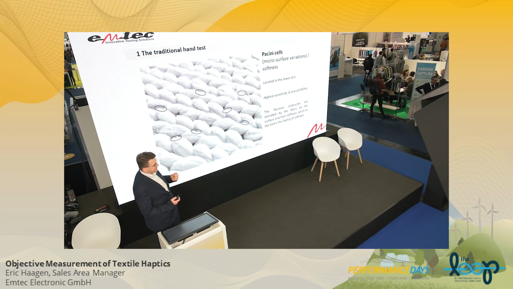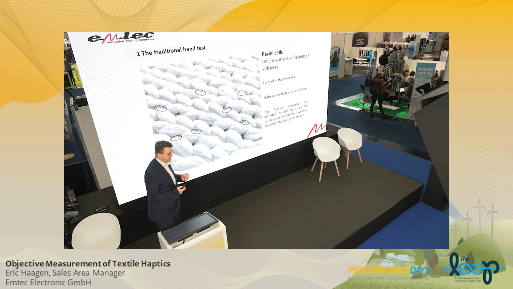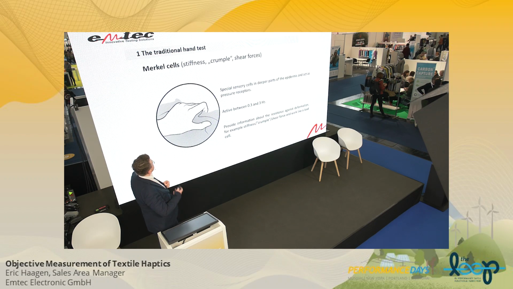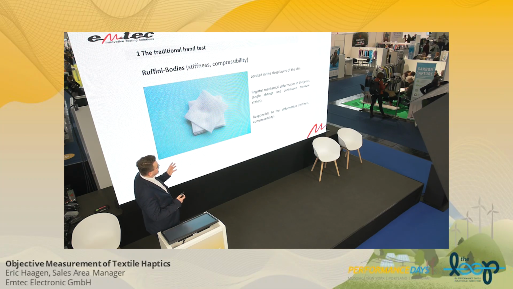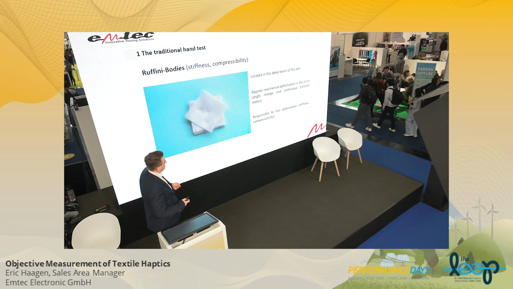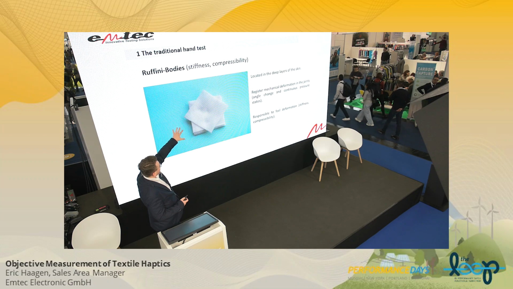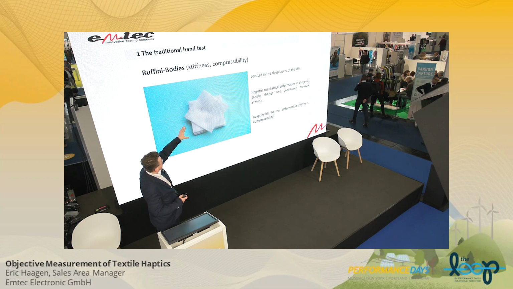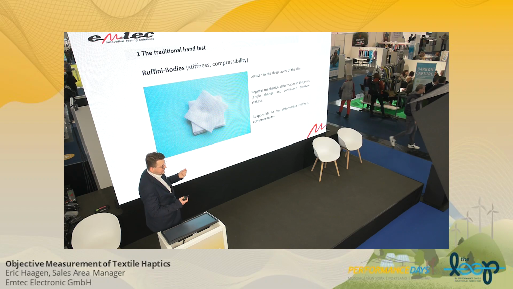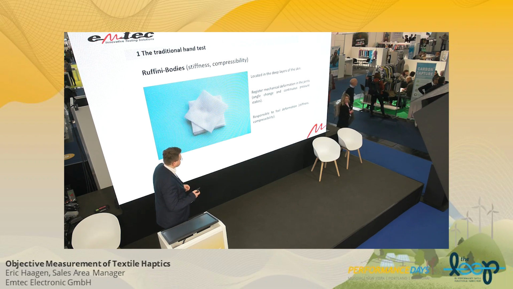The last part, the stiffness, is shared by two sensors, the Merkel cells in combination with the so-called Ruffini bodies. They both share the stiffness parameter, but they also respond to parameters like compressibility, crumble, and shear forces.